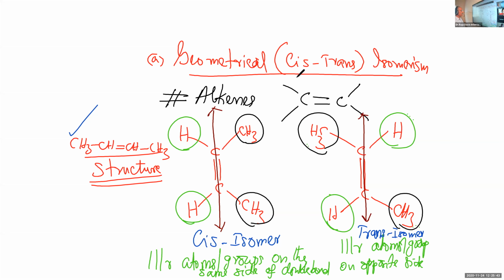Geometrical isomerism is due to the restricted rotation about the carbon-carbon double bond. If a carbon-carbon double bond is formed, the molecule cannot freely rotate about the carbon-carbon bond. The rotation is restricted.